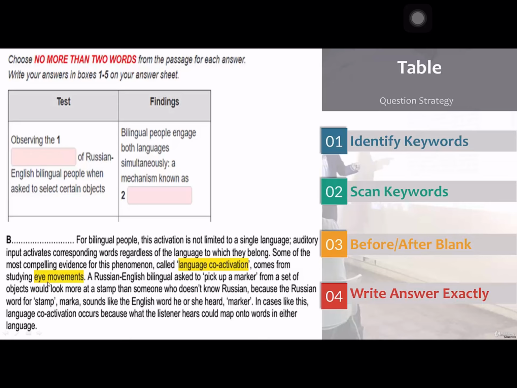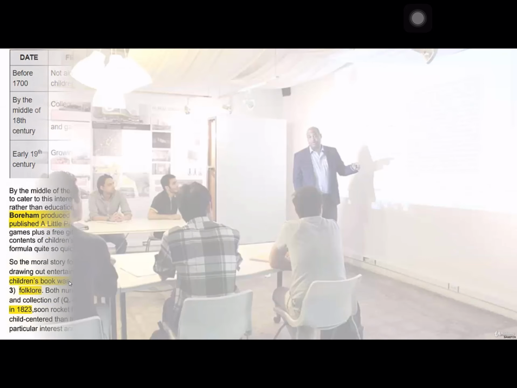So number 1 is eye movements. But you see how in the table, they have eye movements first, language coactivation second. But because of the wording in the body paragraph, we see number 2 first and then number 1. This is what I'm talking about in terms of it possibly going out of order.